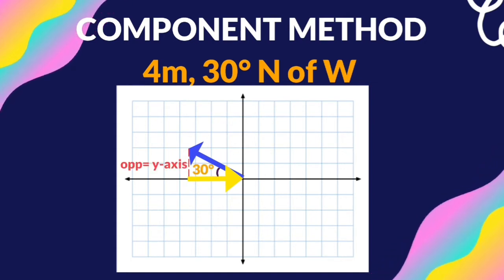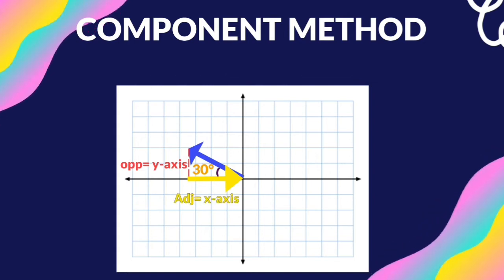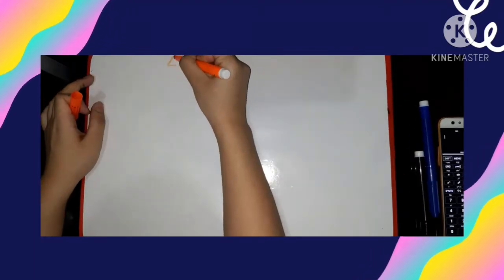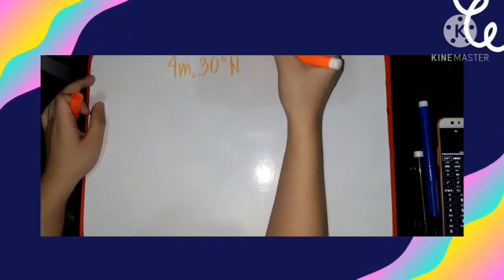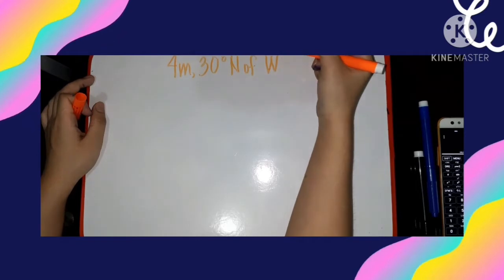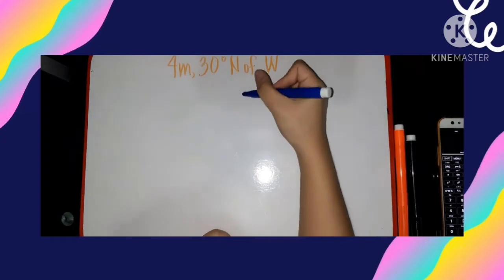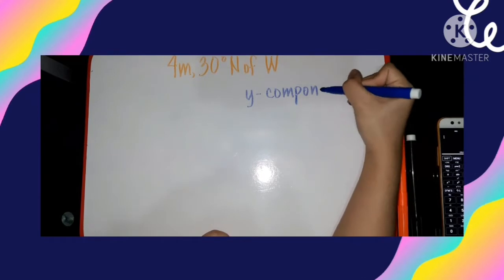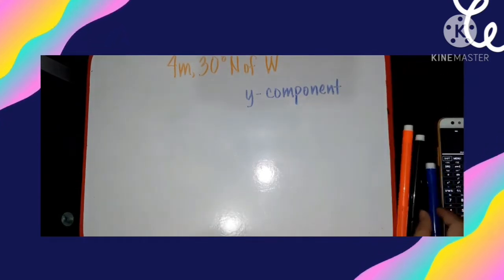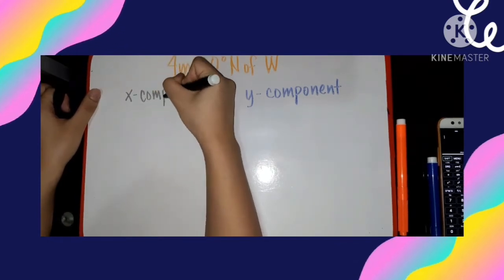The imaginary line is the opposite side on the y-axis and the adjacent side is on the x-axis. 4 meters 30 degrees north of west. We have y component and x component.